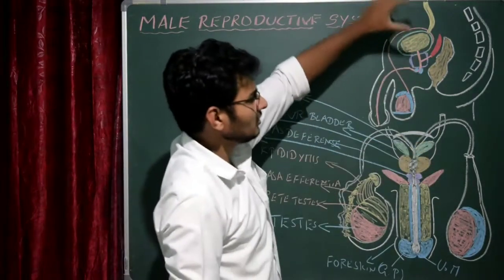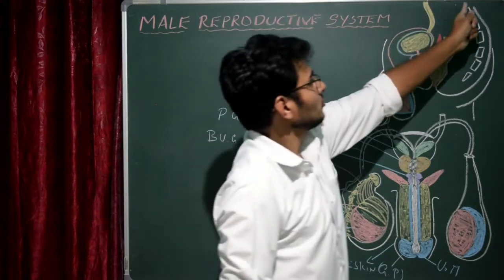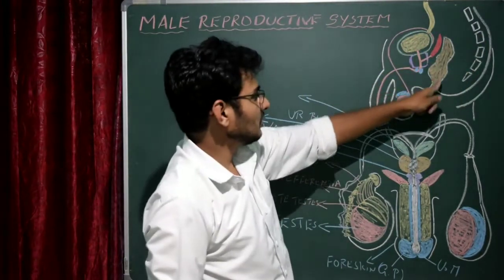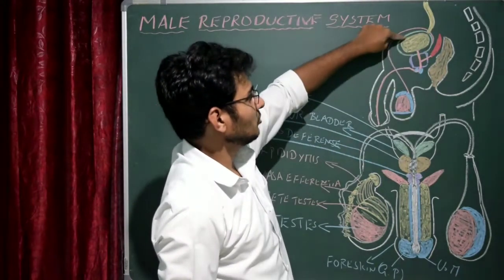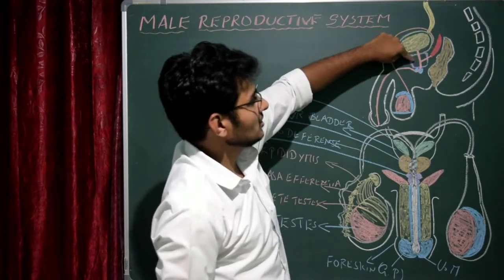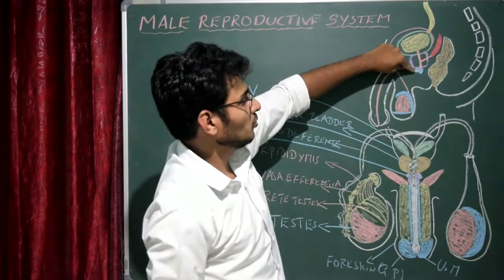I hope that you can label this. You could see this is the vertebral column, and this is the anus. This is the rectum, and this is the urinary bladder, and this is the seminal vesicle, the red one. This is the prostate gland, and this is the bulbourethral gland.